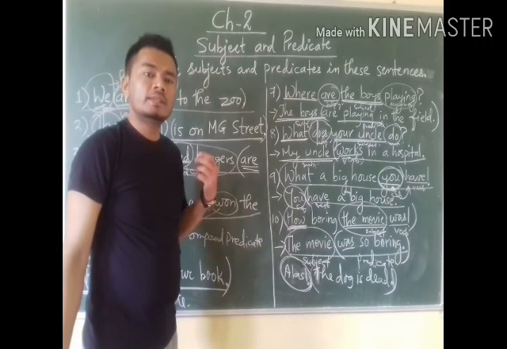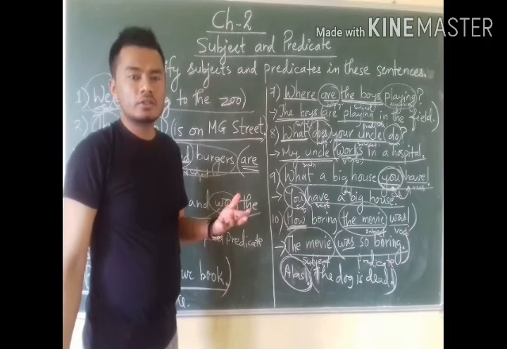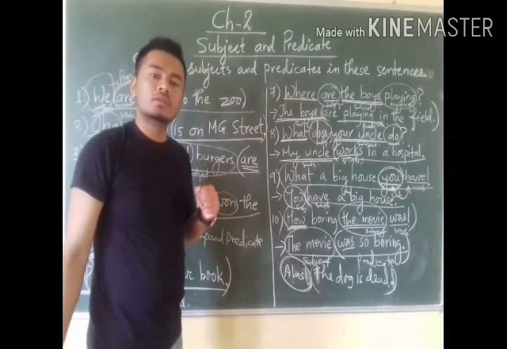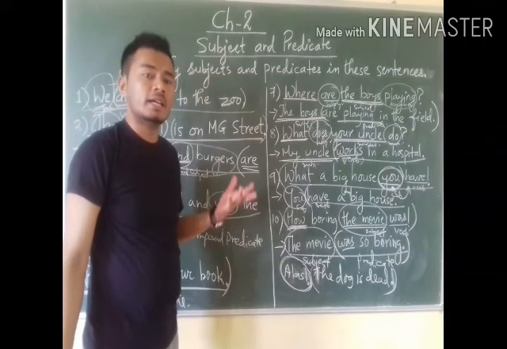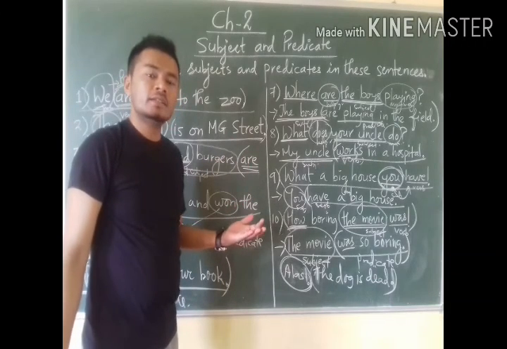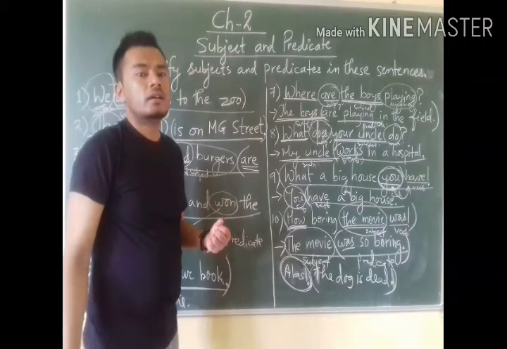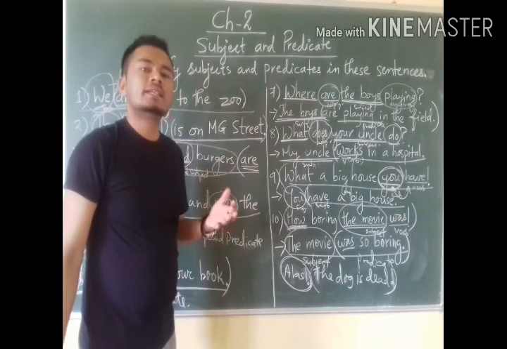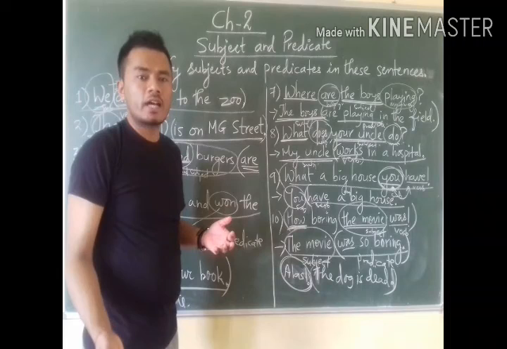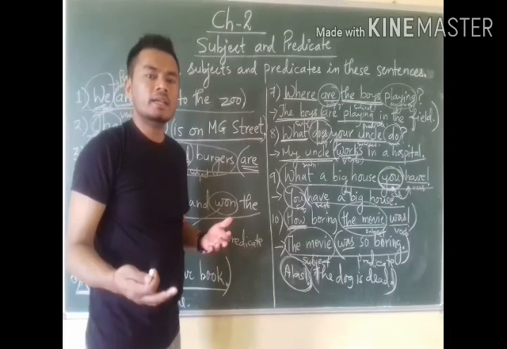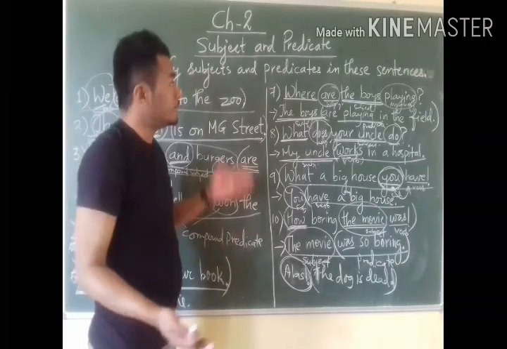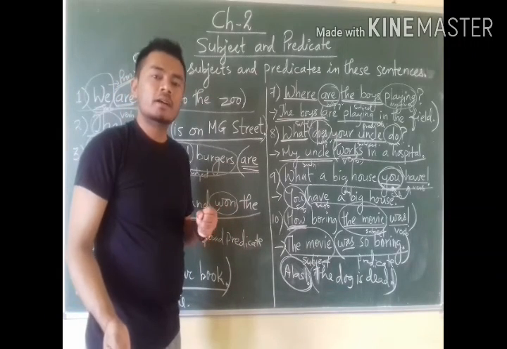Okay, but with this explanation I announce that chapter 2 is also completed. Understood? But still, if you have any doubts regarding my explanation, or if you are somewhere not able to understand, then kindly raise your doubts, ask me any kind of question, but you need to be clear about your concepts of understanding subject and predicate. Understood, students?